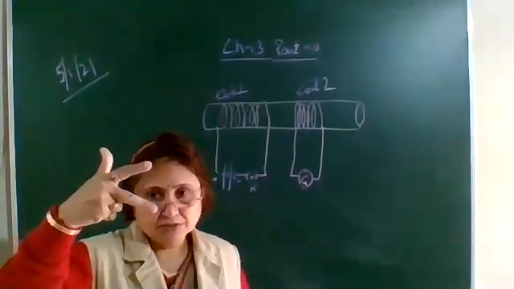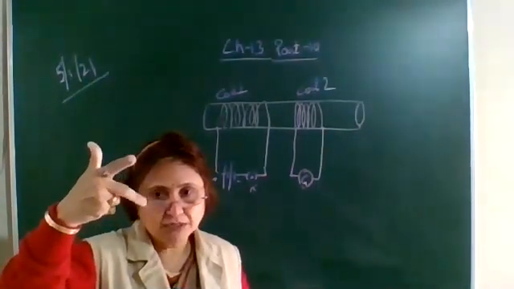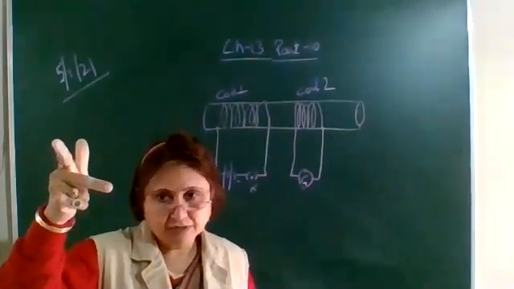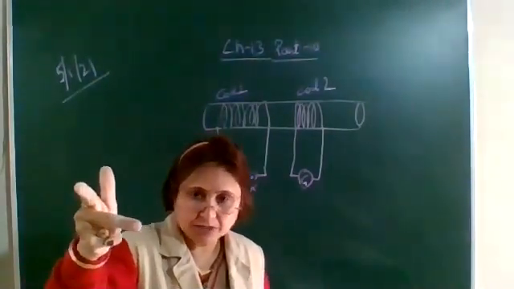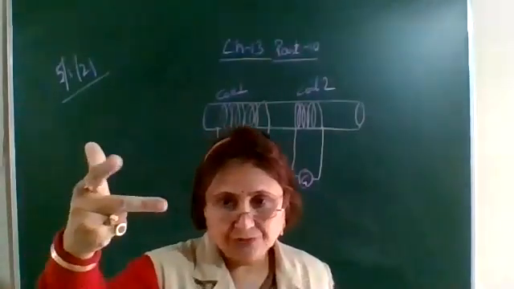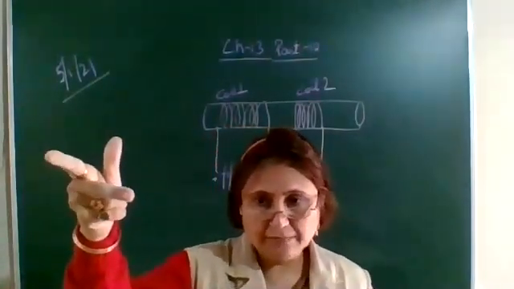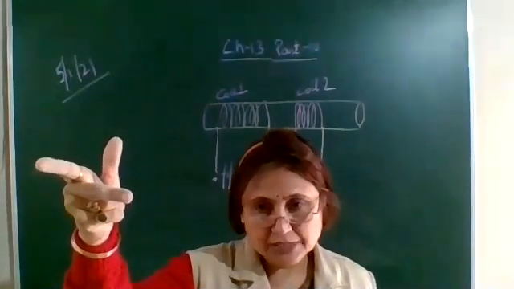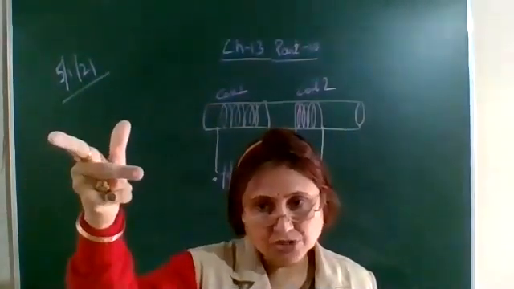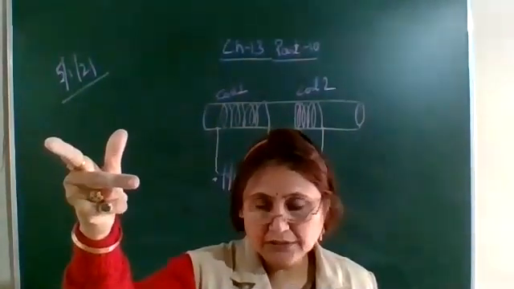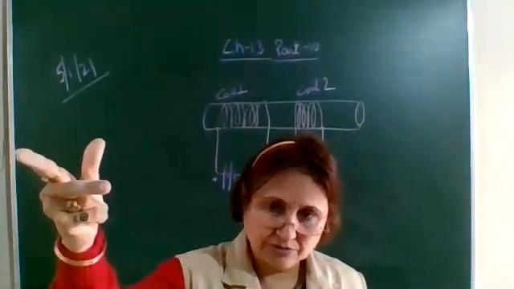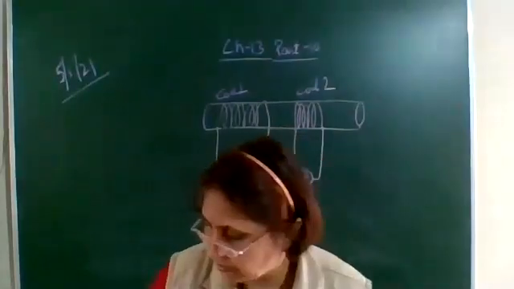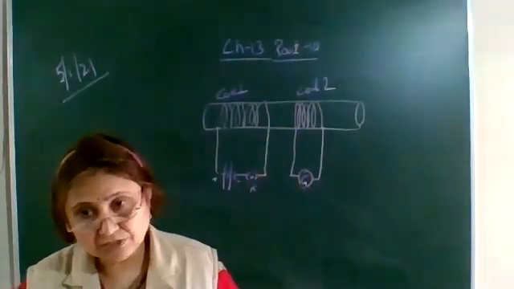If we stretch the thumb, the forefinger and the middle finger of the right hand mutually perpendicular to each other such that the forefinger is pointing along the magnetic field and the thumb is pointing along the motion of the conductor, then the middle finger will give the direction of the induced current. Okay, so this is Fleming's right hand rule, which gives the direction of the induced current.